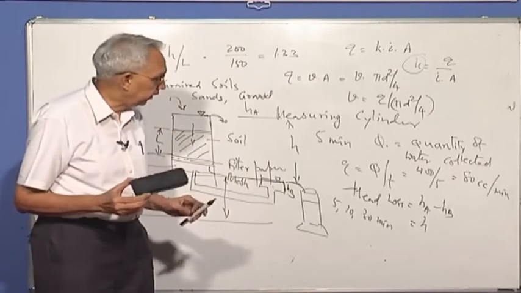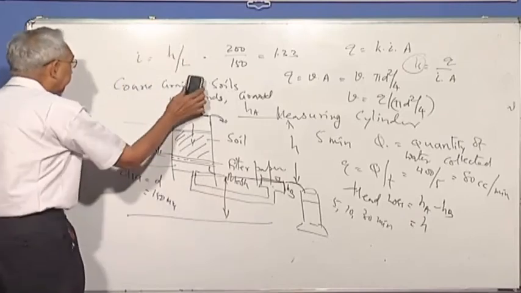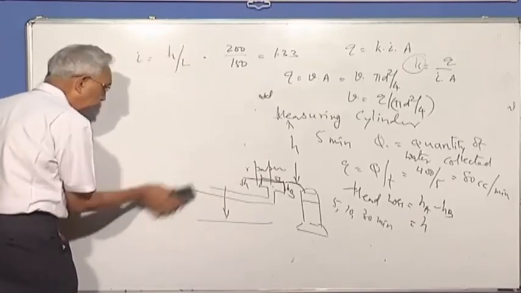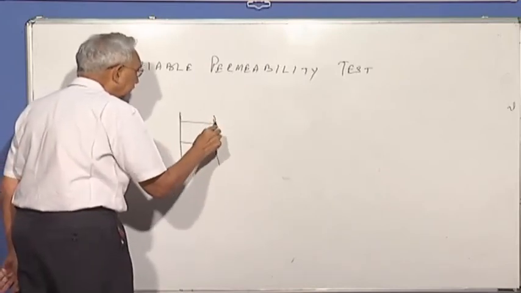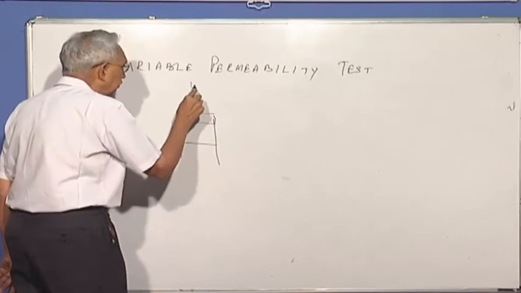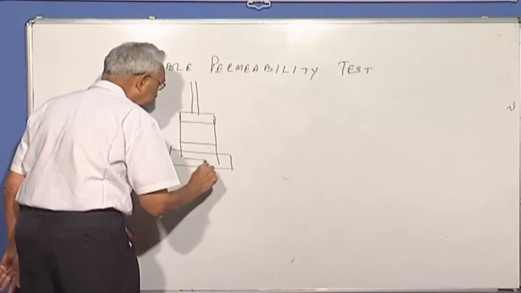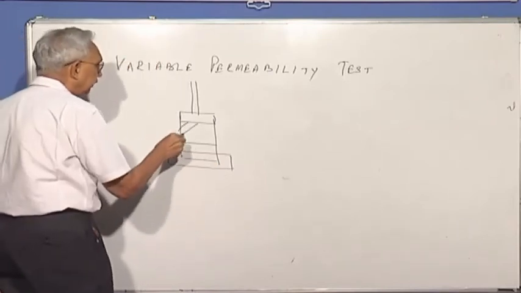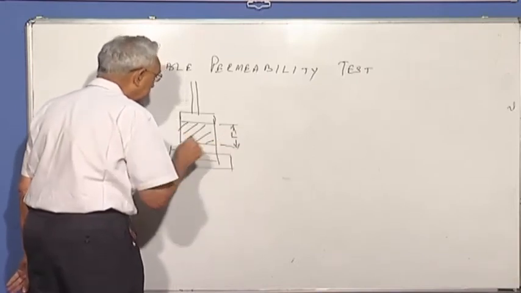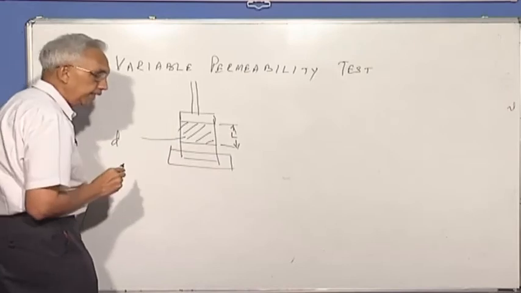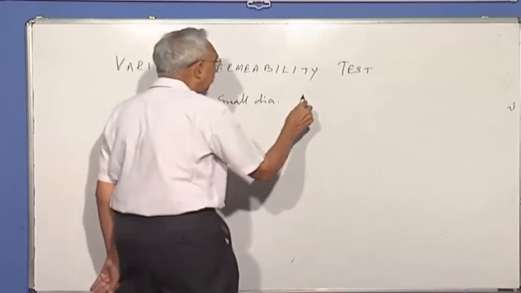So what we then do is change the test to what is called a variable head permeability test. For fine grained soil, we take the same sample in the tube. Instead of having a reservoir, I connect a small tube here, and at the bottom of course we have the reservoir as before. This is the sample, length is L of the sample, the diameter is D, but this has a very small diameter, something like a capillary tube.